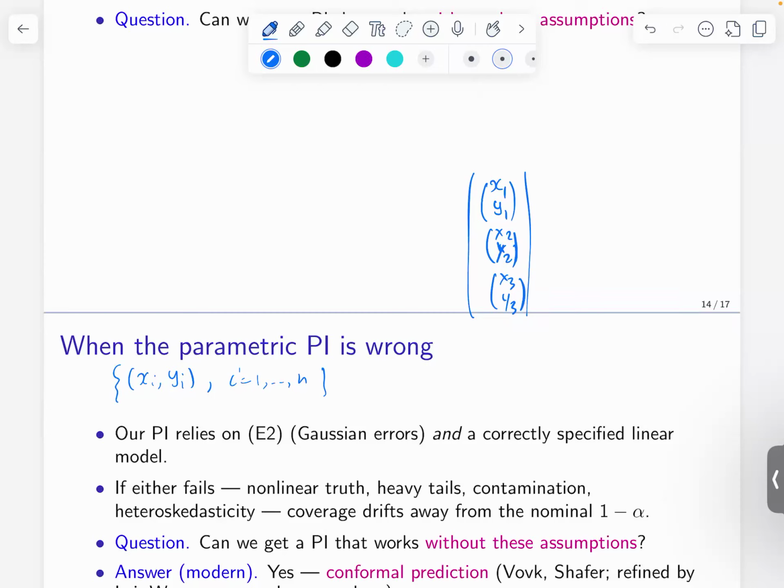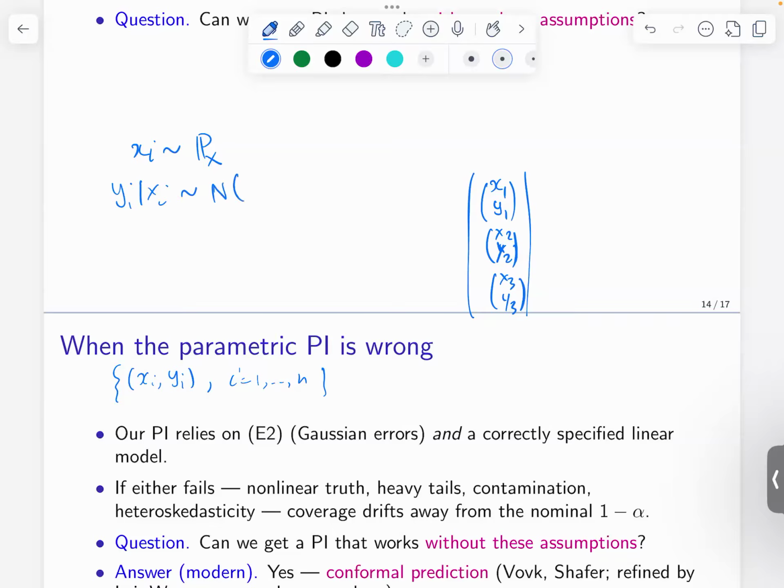If it is a random design, the standard assumption that we worked with would be just to assume that these are IID. The xi is drawn from some distribution, and then given xi, yi is drawn from the linear model.